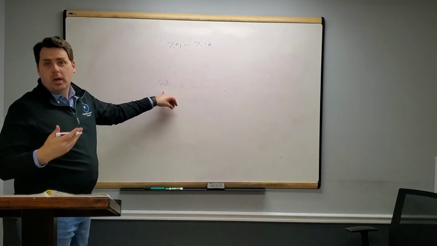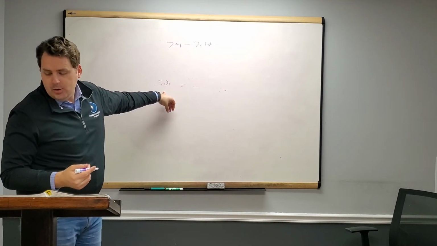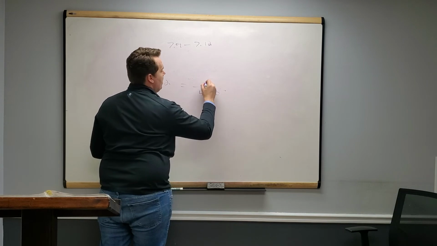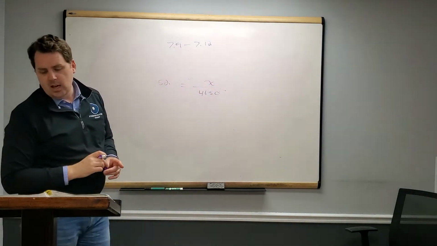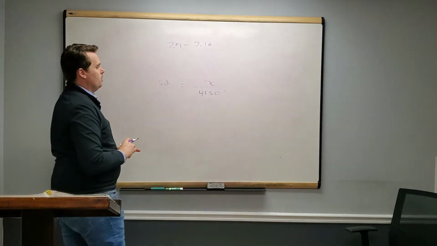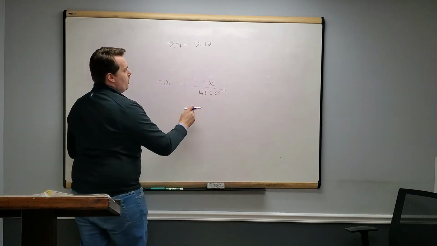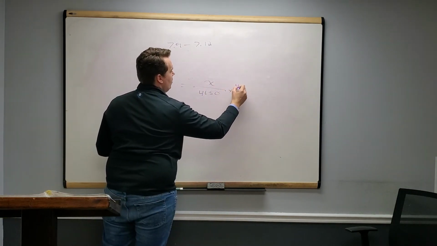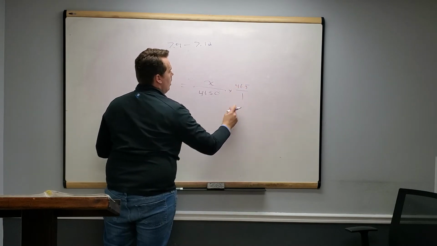So I already know generally what we're solving for. I know the retail price was $46.50, and the gross profit is the unknown. So if I have a denominator here, 46.50, I'm going to times it by the reciprocal, which is 46.5 over 1.